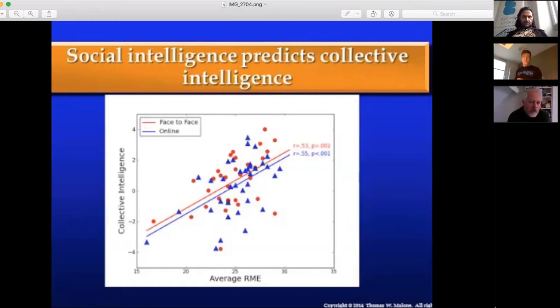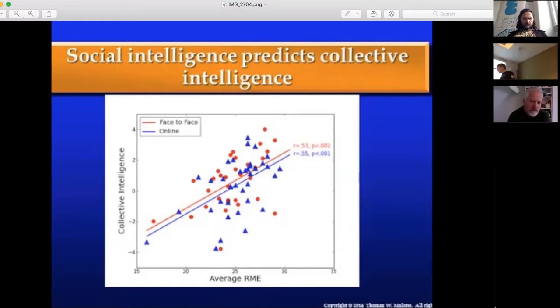So this is from research from Professor Thomas Malone. I think it's Stanford University, but I have to look at it. So an American professor, and here it shows if there is a difference between people working face to face or people working online.